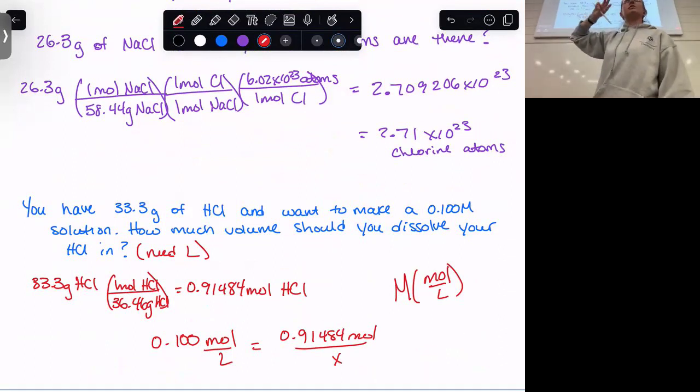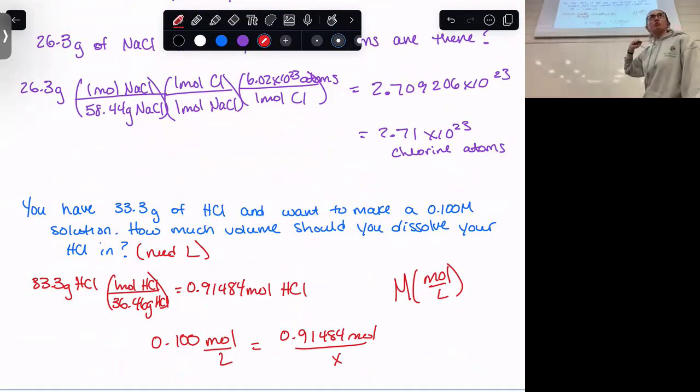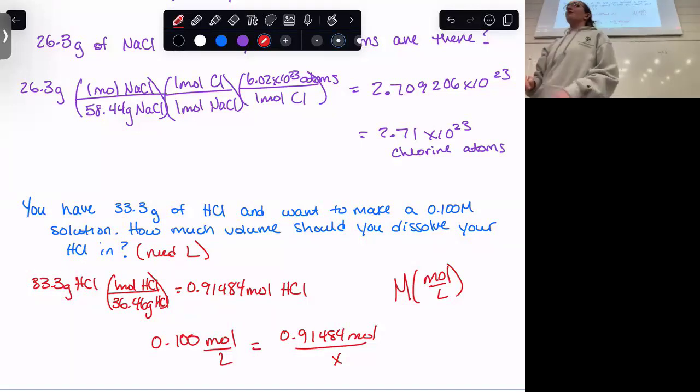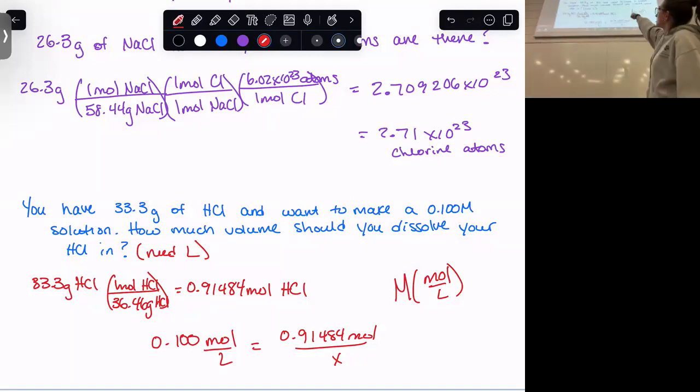That only has 3 significant figures, and we were dividing and multiplying here. So that's why we ended up with 3 significant figures. Once we start doing more complicated problem solving, what I tend to do is look at my question. In my question in blue, the only sig figs that I have is 33.3. I'm going to round my final answer to 3, and that's probably going to be correct.